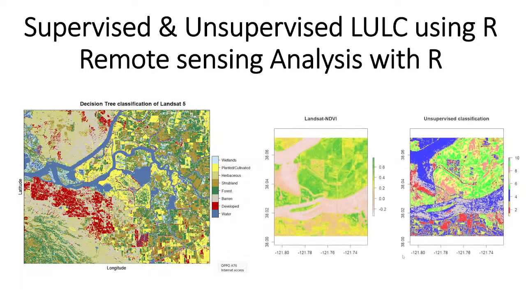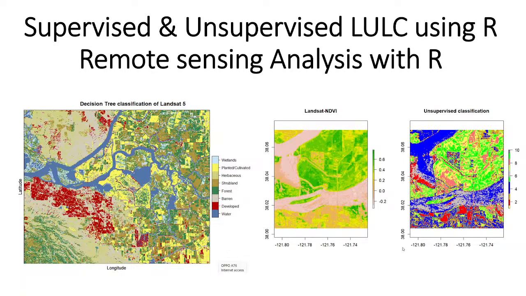As well as this, you can see another one, the unsupervised classification based on NDVI. Based on NDVI, we make the unsupervised classification and classify these types of features: water body, vegetation, built-up area, barren land, and cropland.